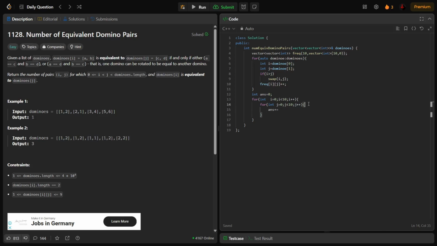First we'll take this frequency value as val. Int val is equal to frequency of i comma j, which means for this particular pair, what is the frequency. We will calculate with the formula val star val minus 1 divided by 2, add it to our answer, and at the end we'll return our answer.